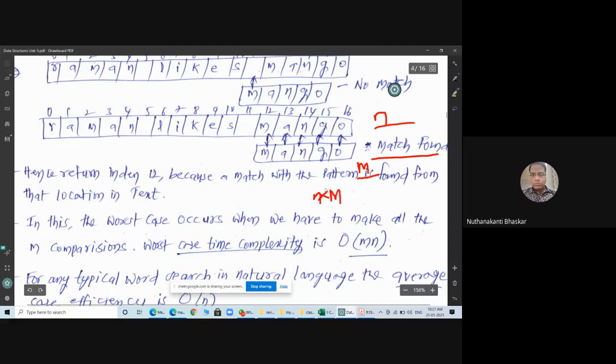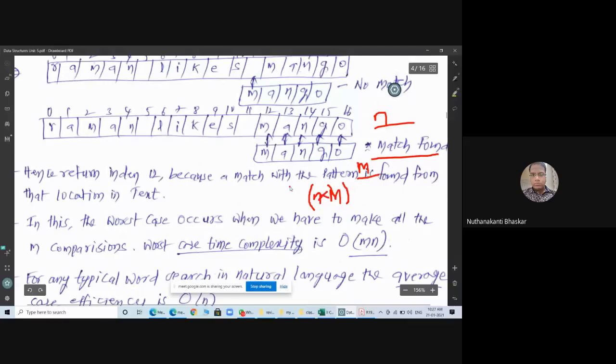In the worst case, we need to compare each and every character of the text with all the characters of the pattern. That's why N into M comparisons are required in the worst case.